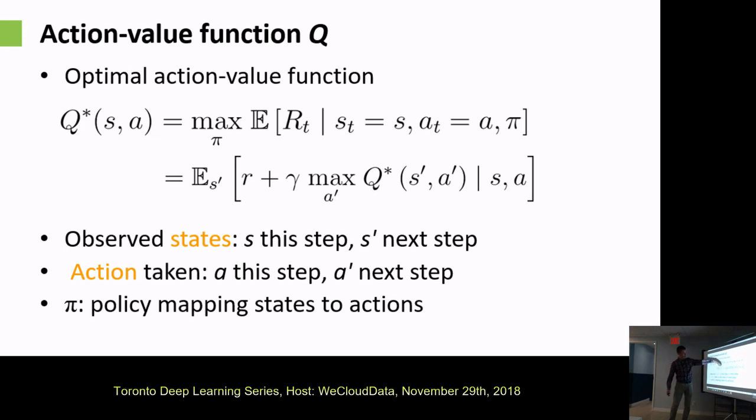After you're in a specific state, you take a specific action, you will get a specific reward from that action, plus you want to get the future discounted rewards. So in other words, your reward for taking an action in a particular state is not just the immediate reward you're going to get from taking that action, but also these discounted rewards that we spoke about in the previous slide.